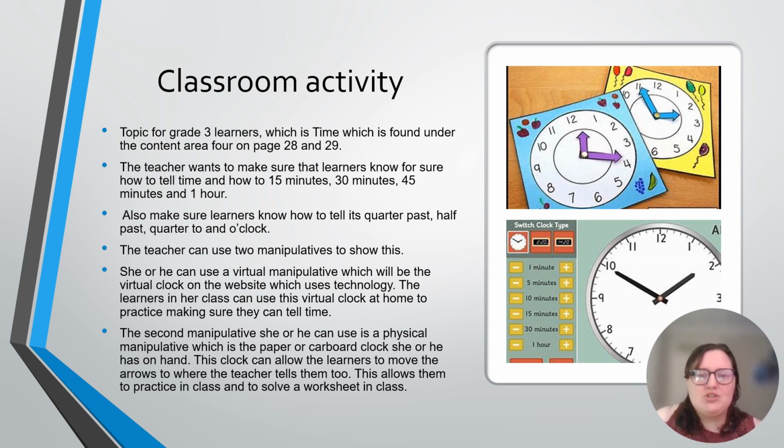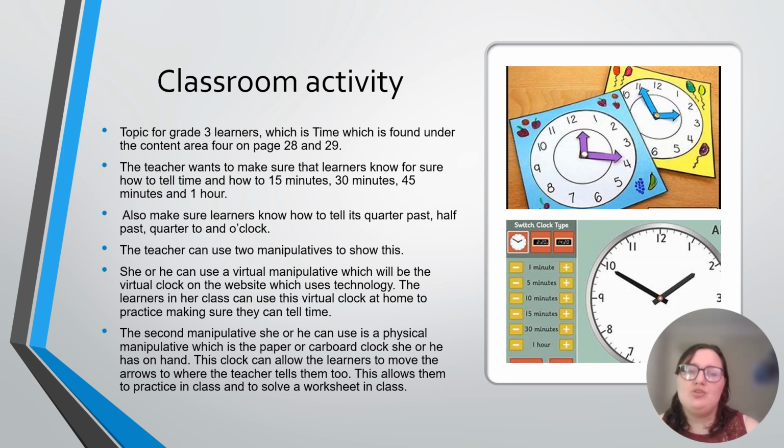The teacher wants to make sure the learners know for sure how to tell time and how to add 15 minutes, 30 minutes, 45 minutes, and 1 hour, or decrease those numbers. The teacher also wants to make sure learners know how to tell it's quarter past, half past, quarter to, and o'clock.